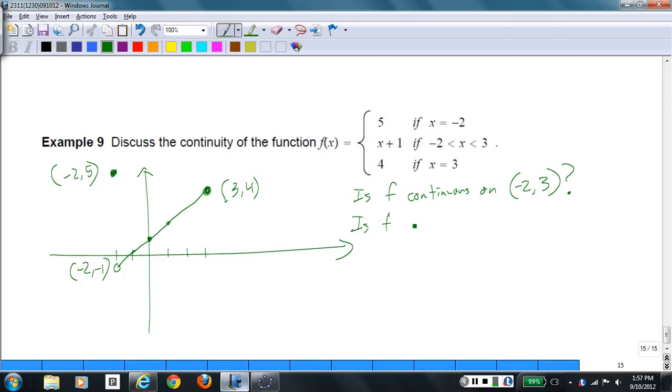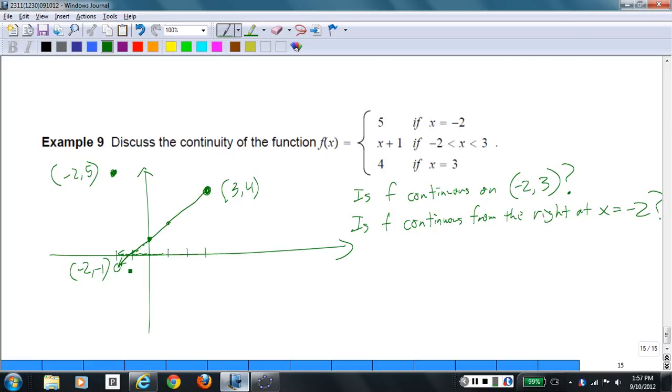Is f continuous from the right at x equals -2? As x approaches -2 from the right, are the points on the graph approaching a point that has f of -2 as its y coordinate?